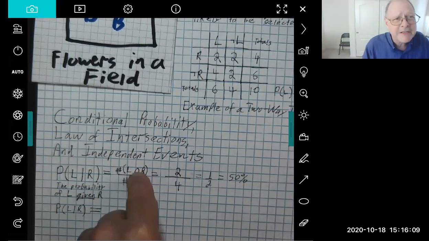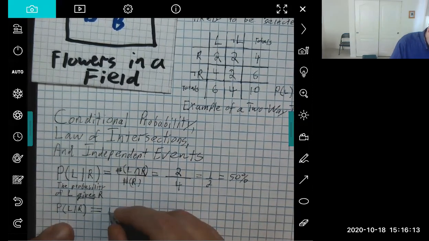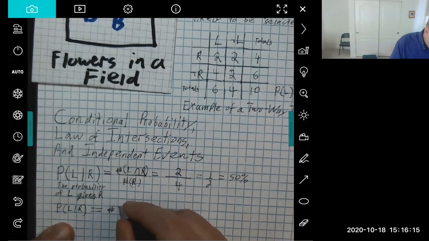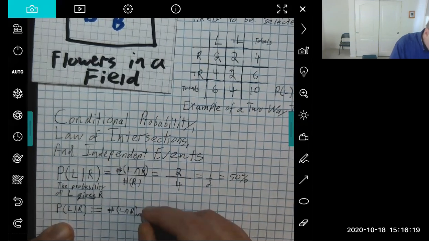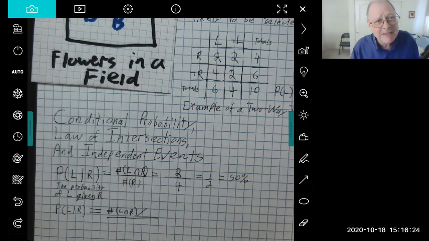Maybe I just know percentages. Think of it this way, if I divide the top and the bottom both by the same thing, it's all right.